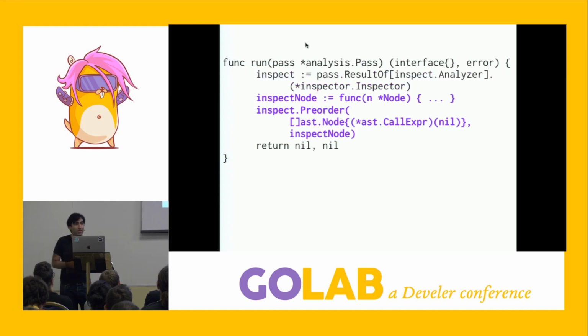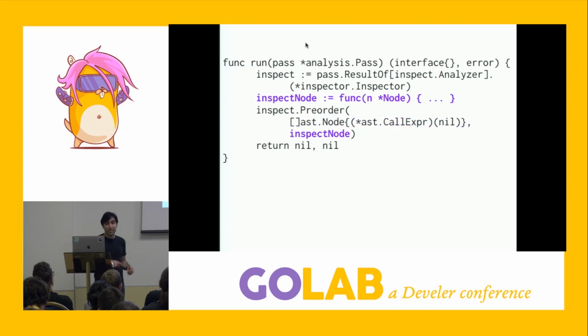And it provides to us a useful function. This preorder function will allow us to iterate through the syntax and only look at function calls. We're going to filter to only look at call expressions, which are the syntax type, struct type, for function calls.